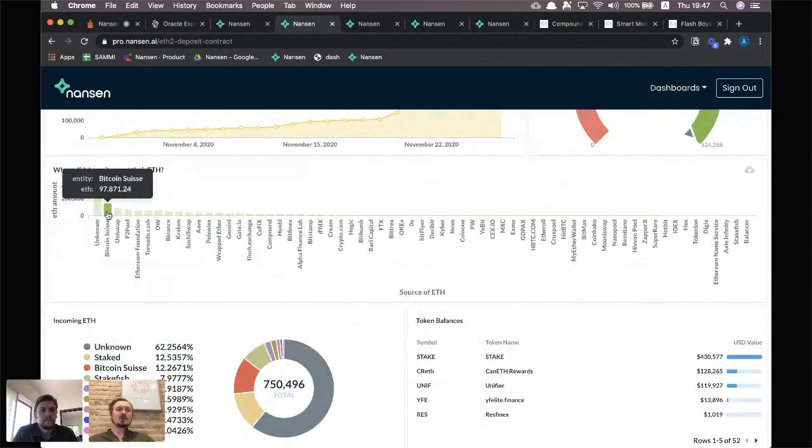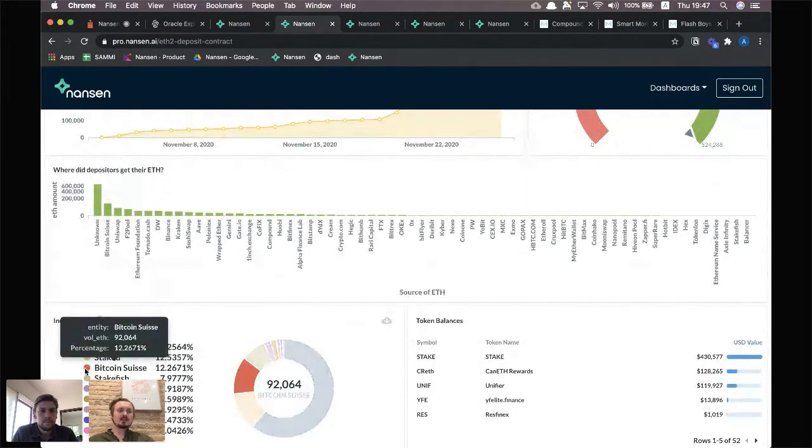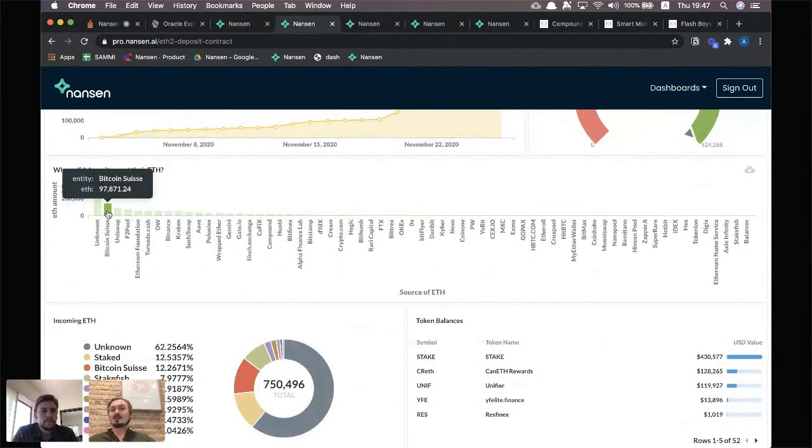But you see Bitcoin Swiss, which is maybe a trivial one because Bitcoin Swiss got their ether from another Bitcoin Swiss address. But you also see Uniswap as a big entity here. So many of these people got their ETH from Uniswap, probably through trading, or maybe they were liquidity providers and they pulled out their ETH in order to deposit it into the ETH2 contract.